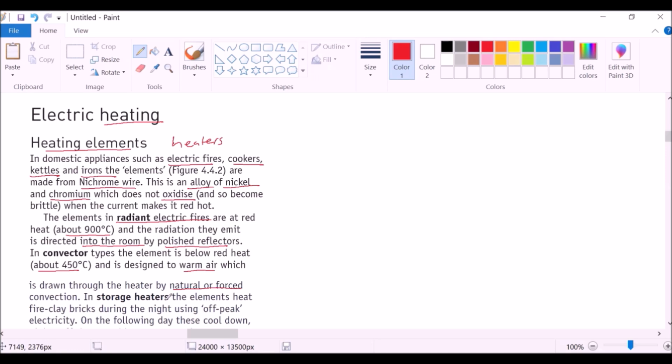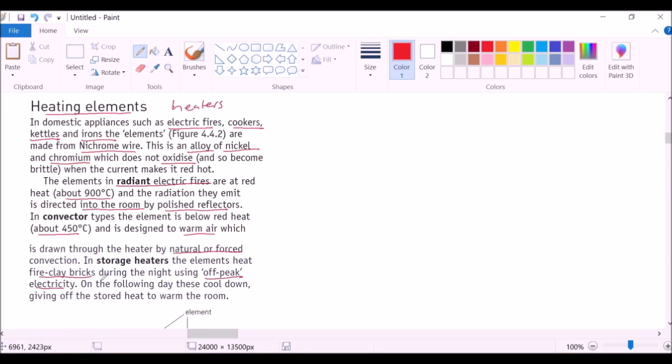In storage heaters, the elements heat fire clay bricks during the night by using off-peak electricity. On the following day, these cool down, giving off the stored heat to warm the room.